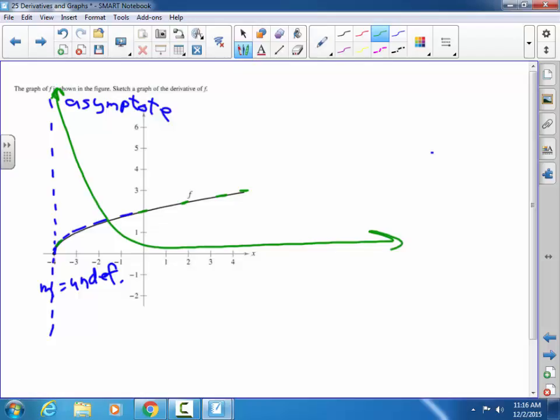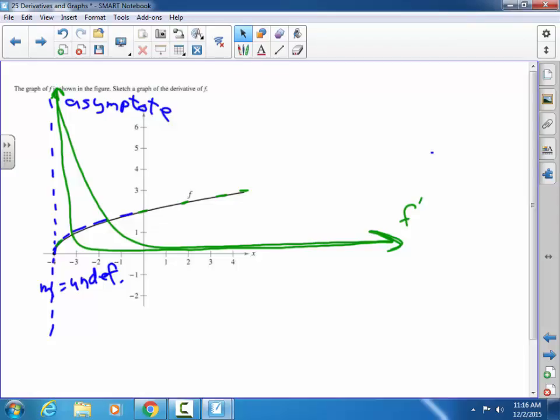Now, does it come down like that, or does it come straight down and then like that? I'm not too worried about how exact you get in there. We don't have enough data to tell the exactness there. But we know that the graph is going to look something like this right here. So that's what the first derivative looks like.